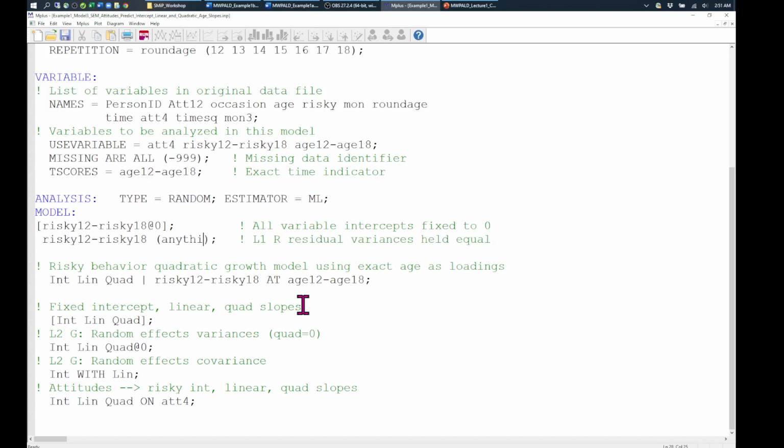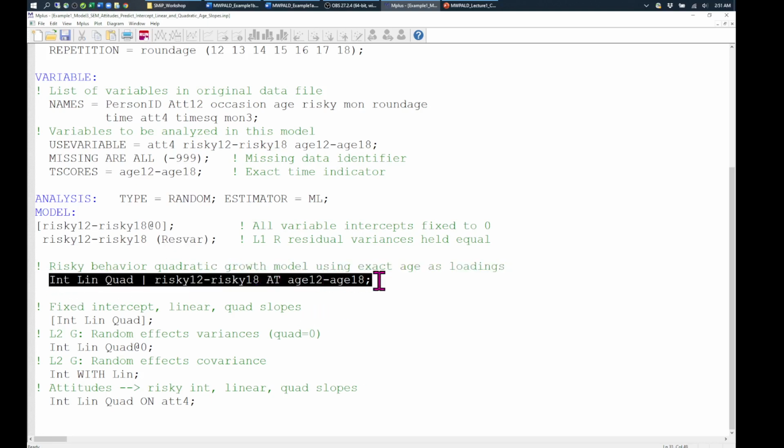If you're going to have more than one set of these, though, you have to be careful not to reuse the same words, because then you're making the same constraint across lines. I'll use Resvar, and I tend to name these in ways that I understand. So I am setting the residual variance across time to be the same.